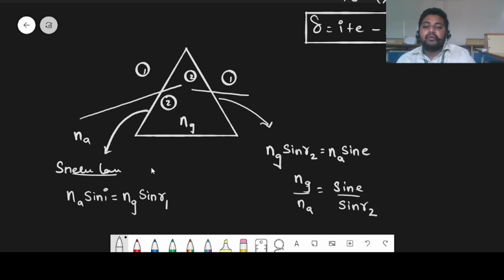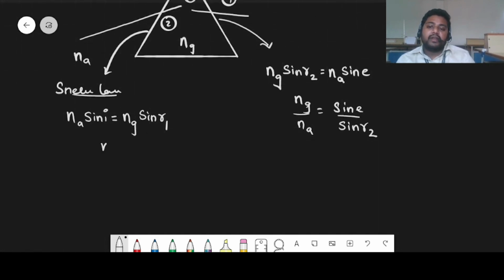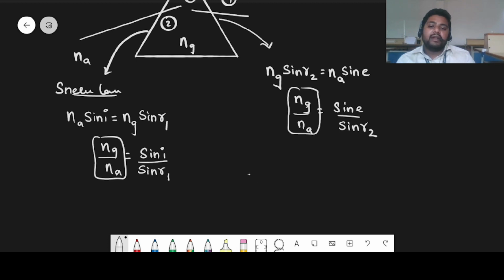And in the same way, from the first expression, you can write the refractive index of glass with respect to air as sine of angle of incidence I divided by sine R1. Now we know the refractive index of glass is always going to be constant. That means I can equate sine I divided by sine R1 equal to sine E divided by sine R2.